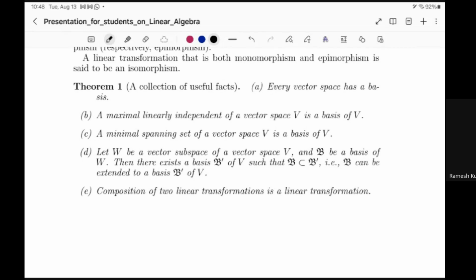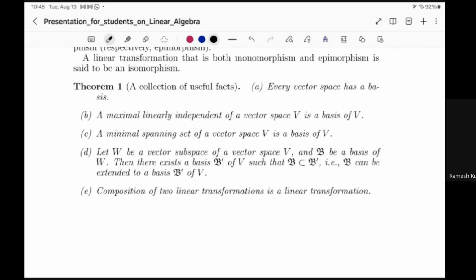Maybe it will give you some ideas if the vector space is finite dimensional. But if it's not finite dimensional, then we use something called Zorn's lemma in order to prove this, which is by no means constructive and it's quite axiomatic. So it's as far from constructive as possible.